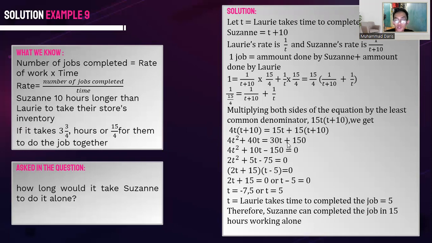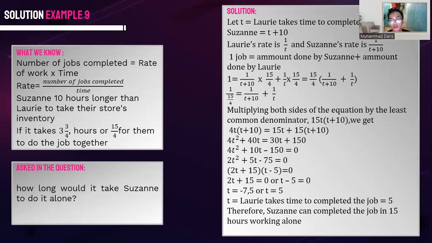Okay, and then we can calculate by multiplication: 4t squared plus 40t is equal to 30t plus 150. And then we can subtract 150 and minus 30t.